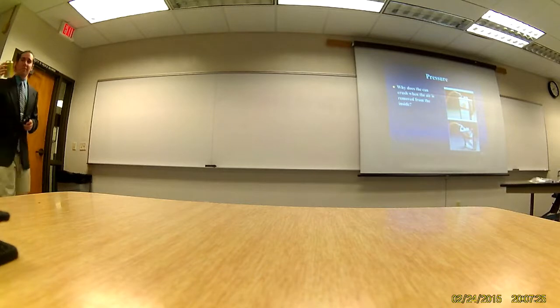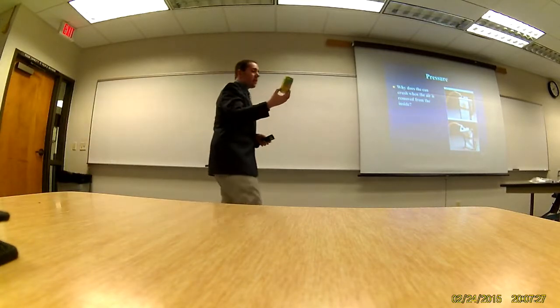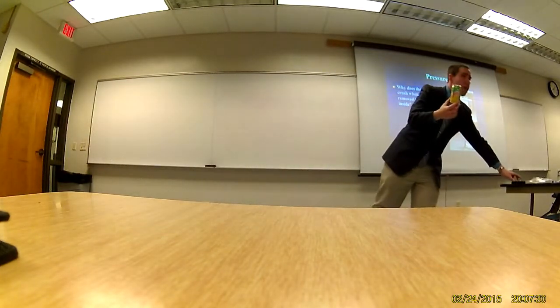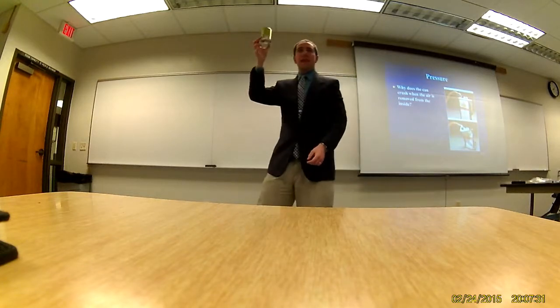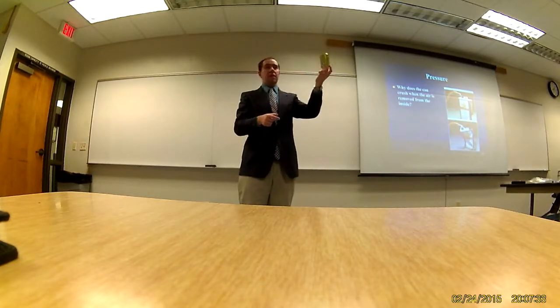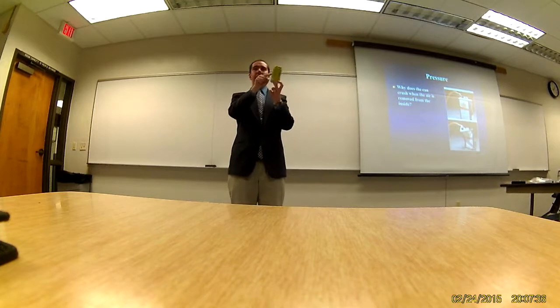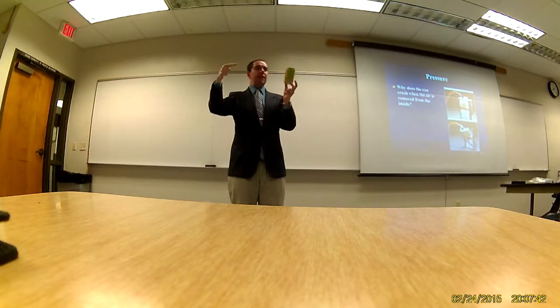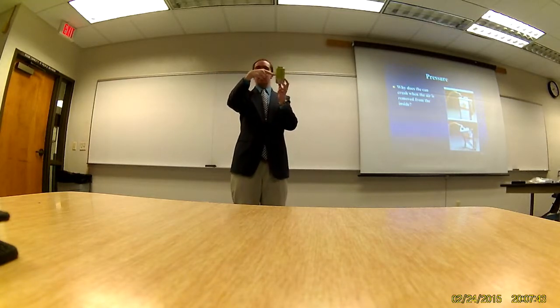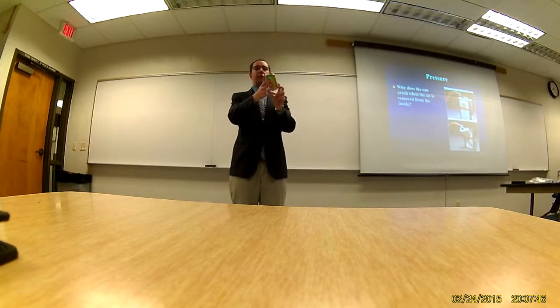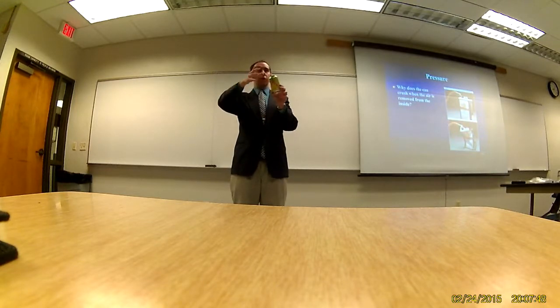Here's a can. Right now, there is air outside the can and inside the can. The air inside the can is hitting the walls of the can on the inside, pushing out. The air on the outside is hitting the outside of the can, pushing in. But because there's a hole here, the pressure equilibrates.